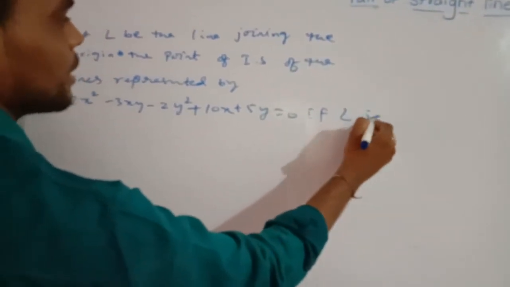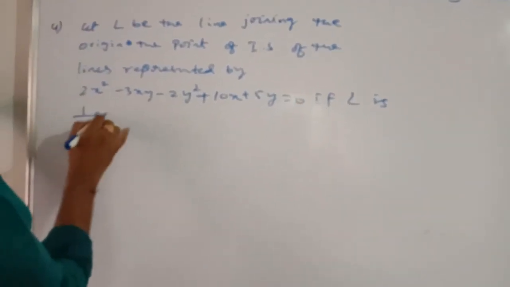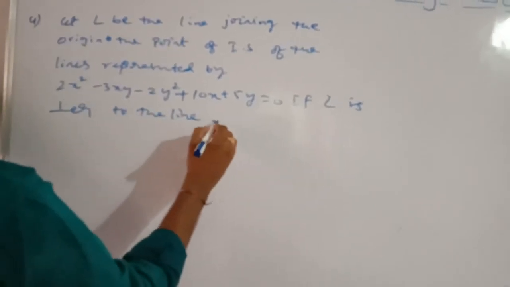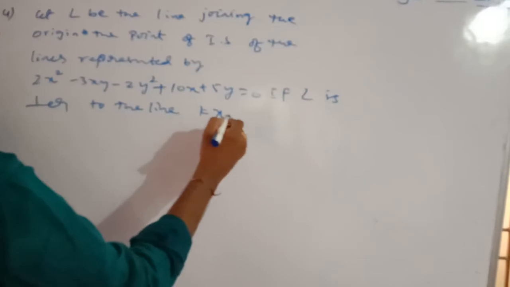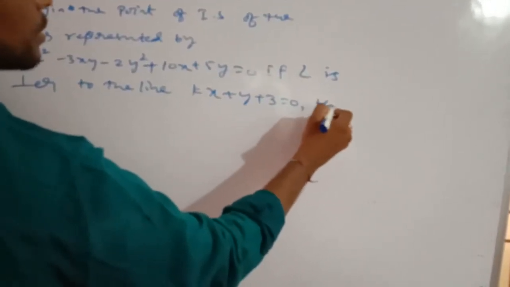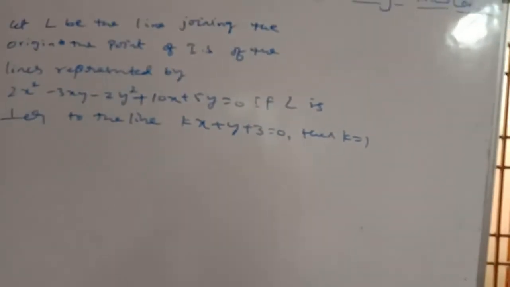If L is perpendicular to the line kx plus y plus 3 is equal to 0, then k is equal to what.